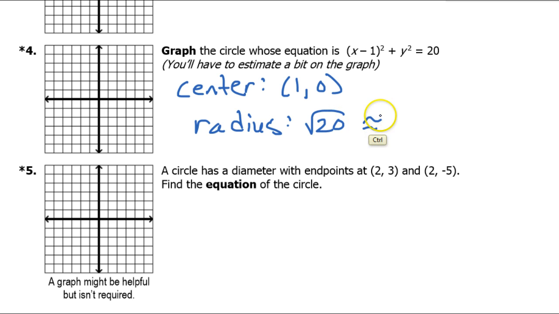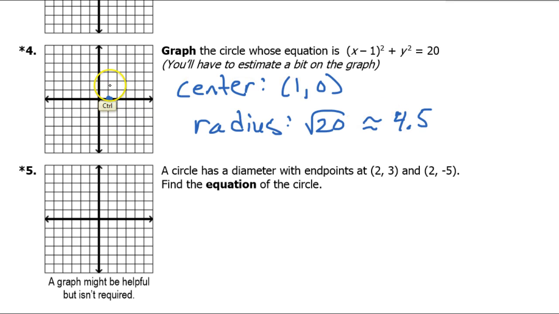For graphing purposes, I'm going to need an approximate value. Can anybody give me an approximate value for the square root of 20? Give me a decimal. 4.47. Okay, 4.47, so we'll go 4.5. All right, so the center is 1, 0.